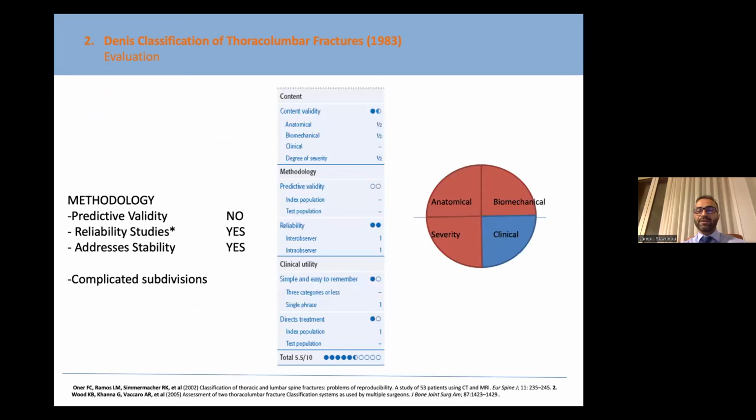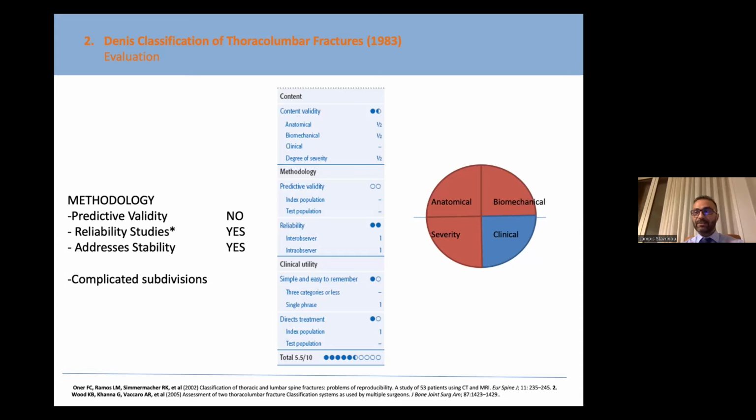Now, the next classification is rather easy. It is intuitive. It covers both the anatomical, biomechanical, and severity aspects of describing a fracture. There are quite a few reliability studies, so we know that it is a reliable classification scheme.